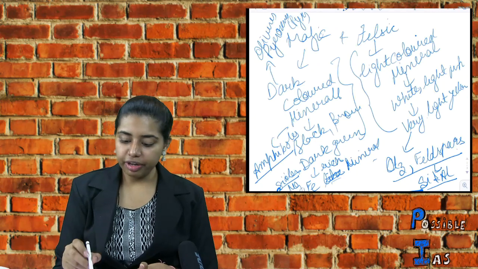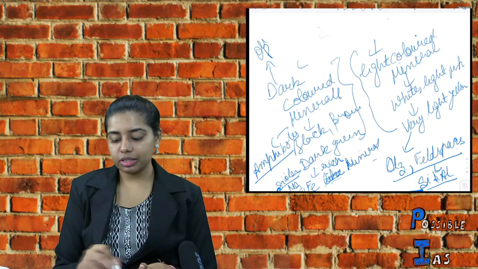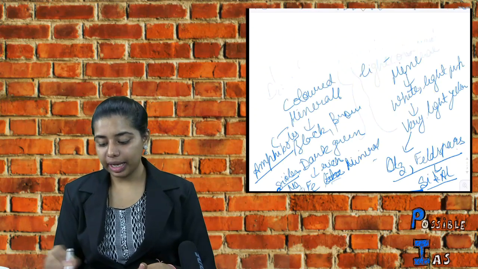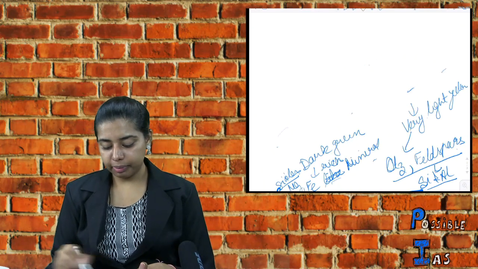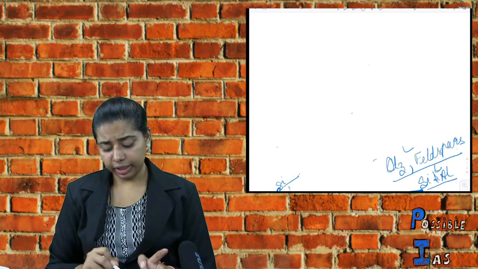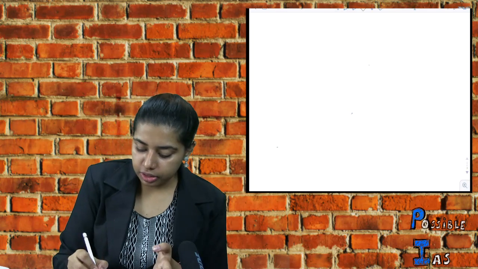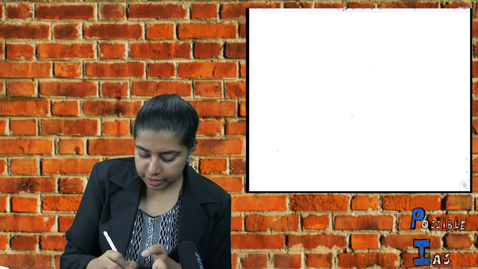The next thing, how we divide the minerals, is on the basis of whether they are metallic or non-metallic, and if they are metallic, whether they are ferrous metals or non-ferrous metals.